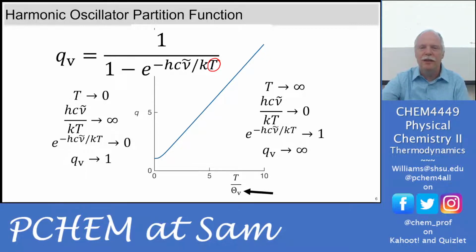So we could approximate this piece right here. It looks pretty linear, and in fact, you could then just model it as 10 T over theta_v.